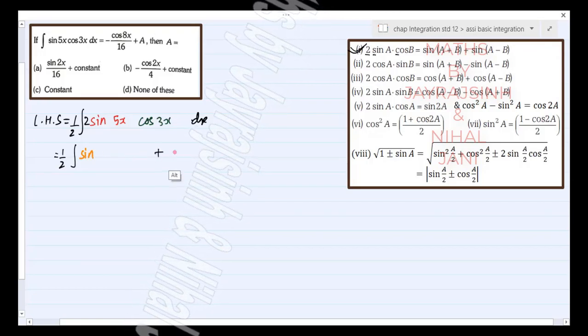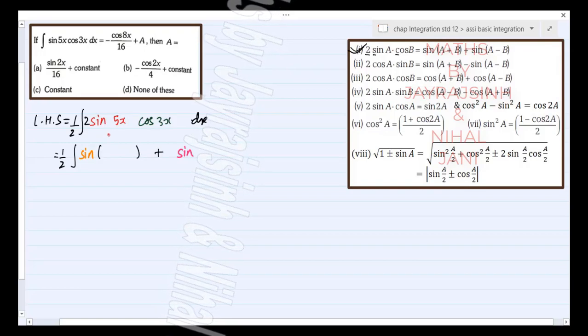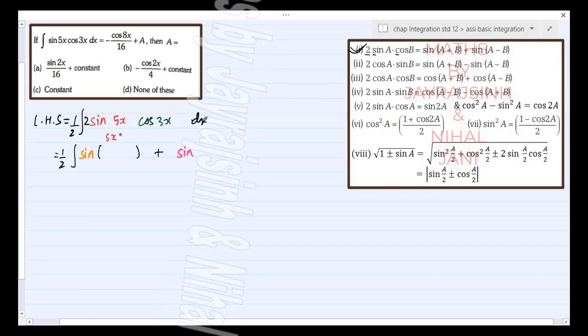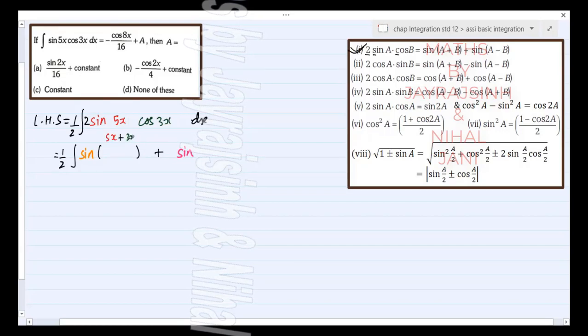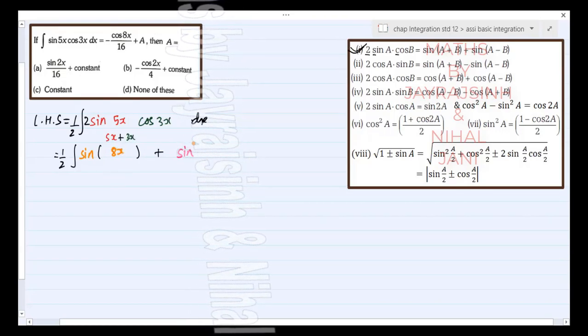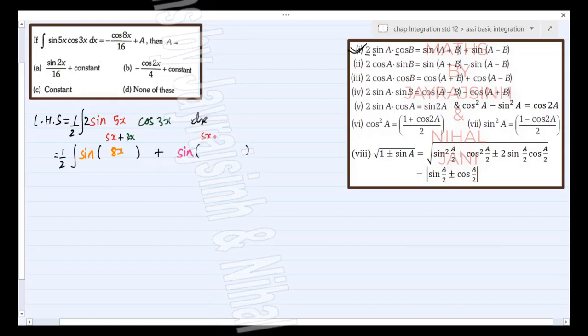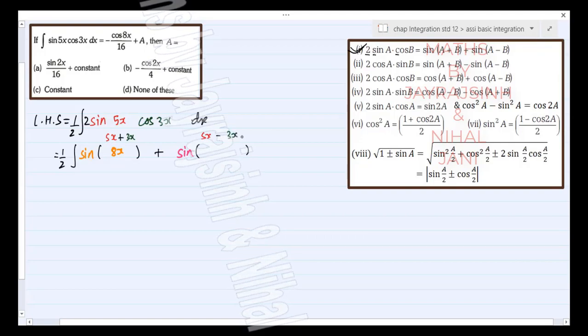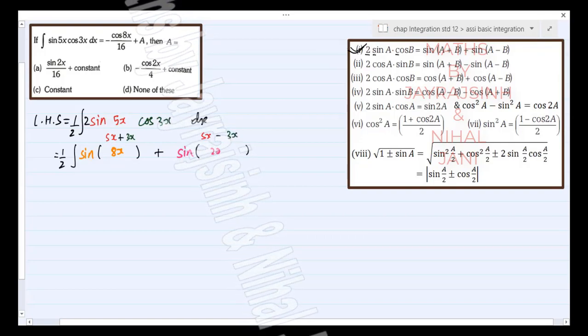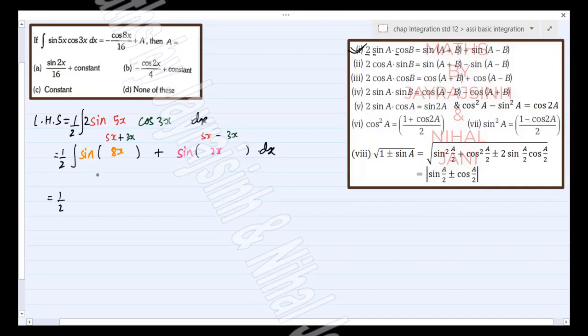sine plus sine. In the first angle we have to add the angles, or we can say 5x plus 3x will be your 8x, and in the second angle we have to take the difference of the angles, 5x minus 3x, or we can say 2x. So we are ready to integrate.